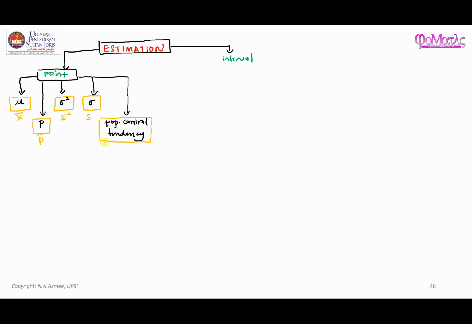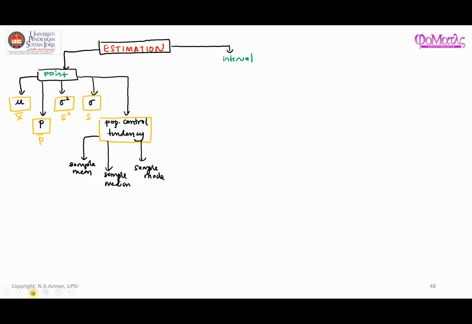You can choose the sample mean, which is x bar. You can choose the sample median. You can choose the sample mode. These are the possible options, depending on the situation, of course.